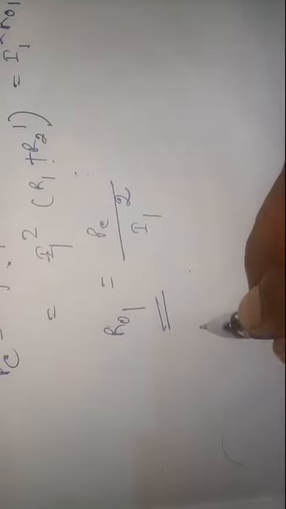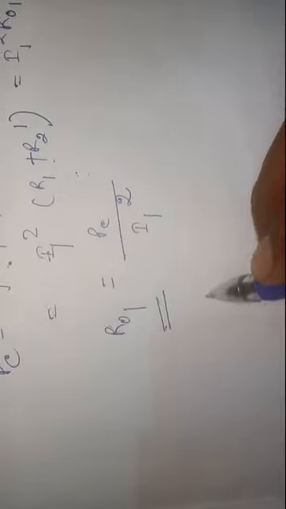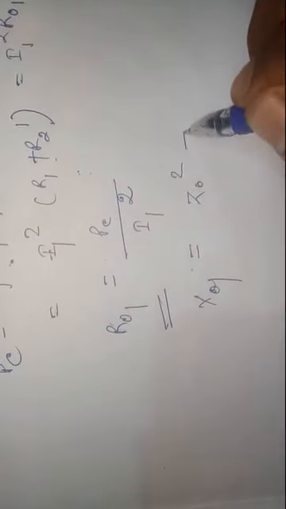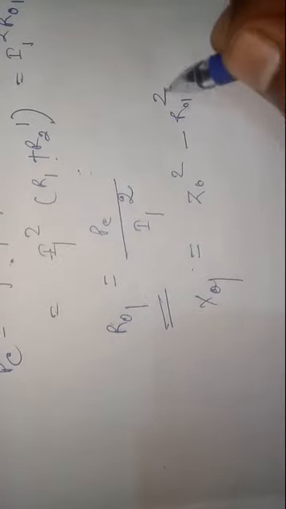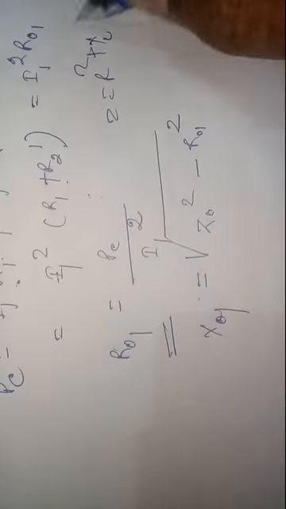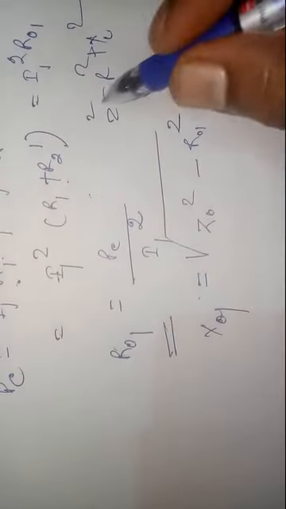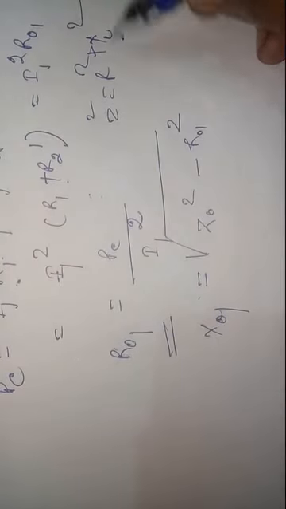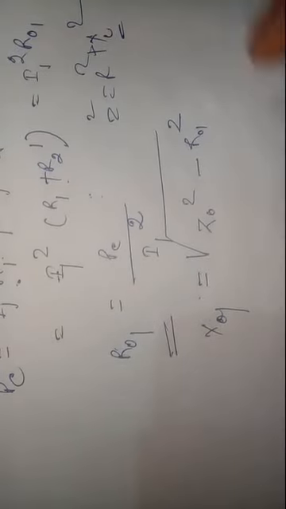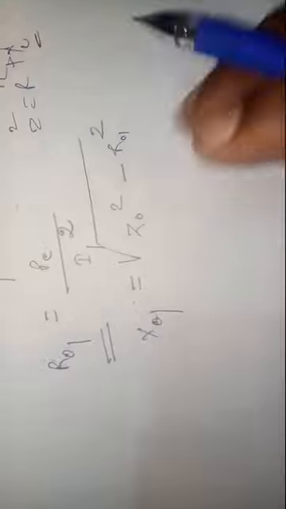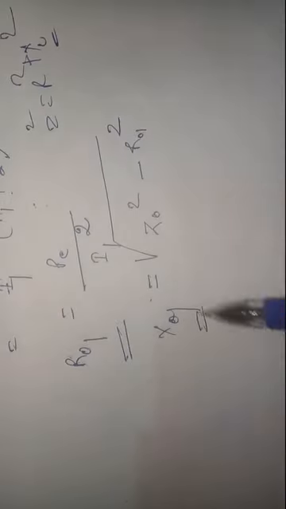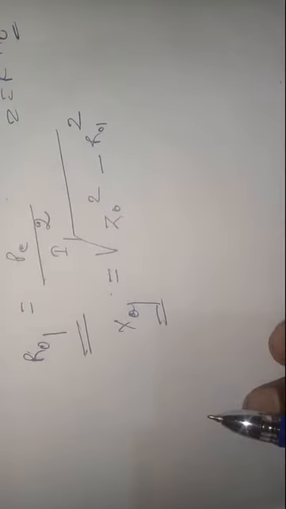The total leakage reactance on the primary side X01 will be equal to the square root of Z01 square minus R01 square, because Z square is equal to R square plus XL square. So XL square will be Z square minus R square, and X will be the square root of that. From this you can calculate the parameters R01 and X01.